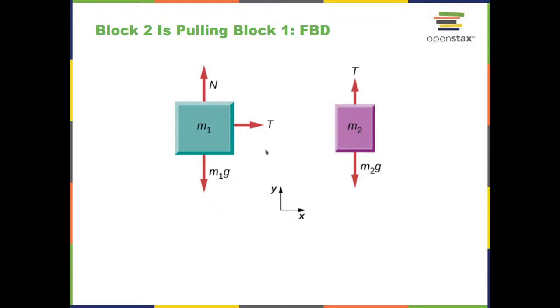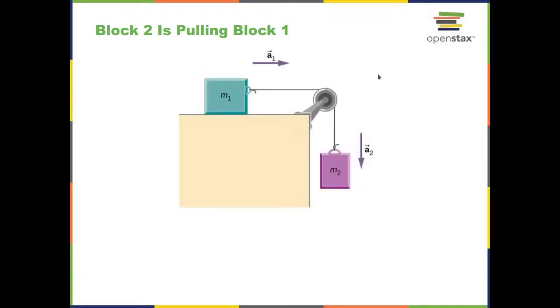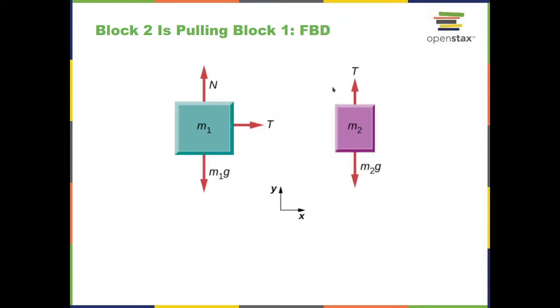Also note that these are the same values for the tension, right? This is the same tension that is in the rope on the top part, and that's the same tension that's in the rope on the vertical part. So if we think about that now, the net force here is the tension, so m1 times the acceleration will be equal to the tension.